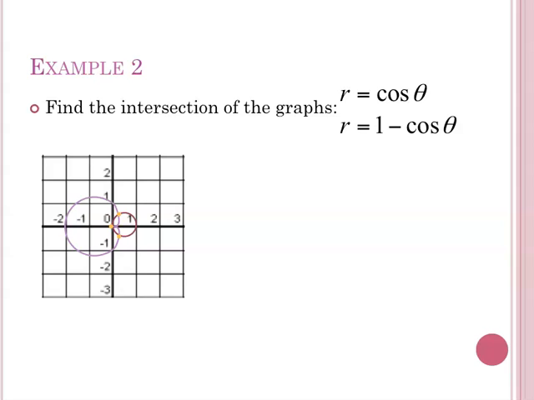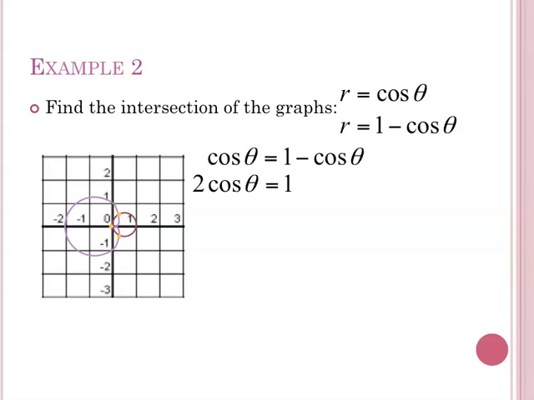So first we have r equals cosine theta and r equals 1 minus cosine theta. We are going to set them equal to each other since they both are in the form r equals. So cosine theta equals 1 minus cosine theta. We add cosine theta to both sides to get 2 cosine theta equals 1.